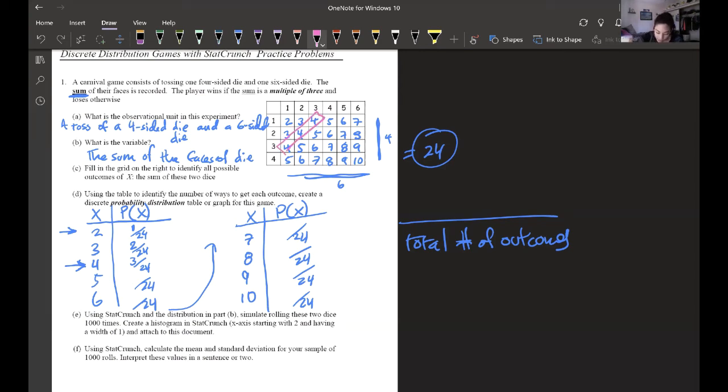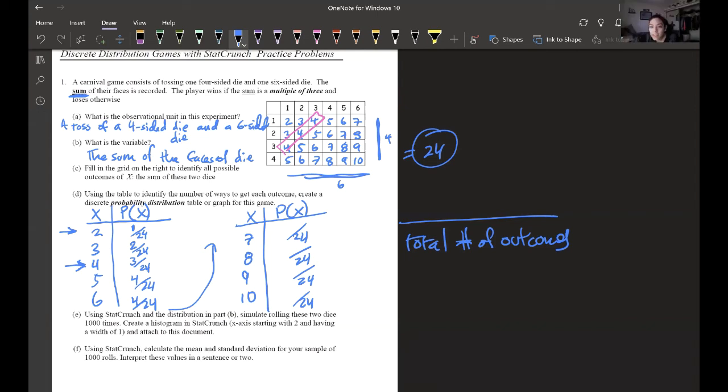What about the probability of getting a 5? Alex? 4 out of 24. Perfect, thank you. What about 6? Timothy? Four. Perfect, thank you.